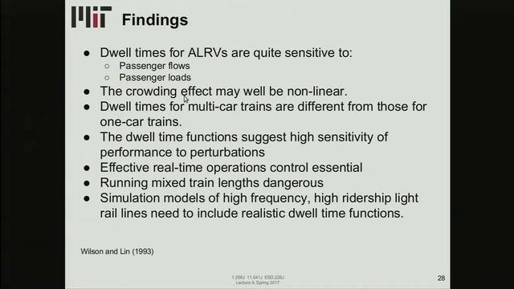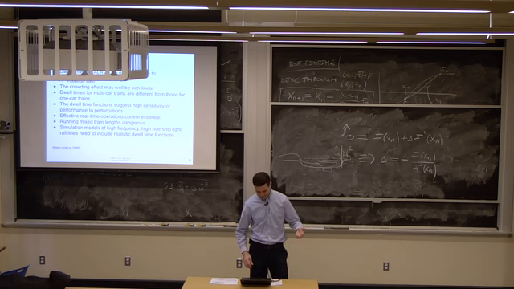They looked at nonlinear effects just like before. The dwell times for multi-car trains, for two-car trains, were different than those for one-car trains. The dwell time functions suggest high sensitivity of performance to perturbations. So we saw what the perturbations were earlier in this lecture, and this model is sensitive to some of them.